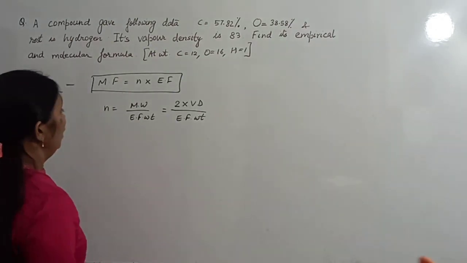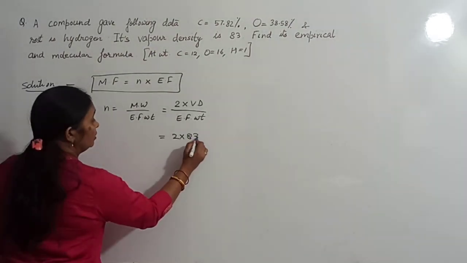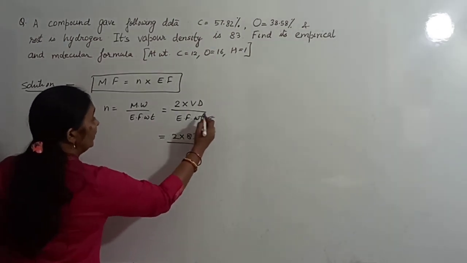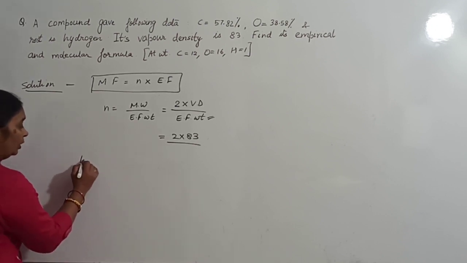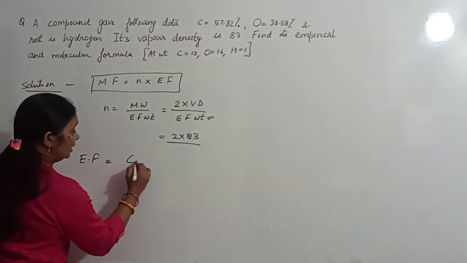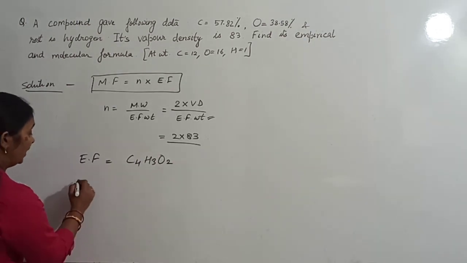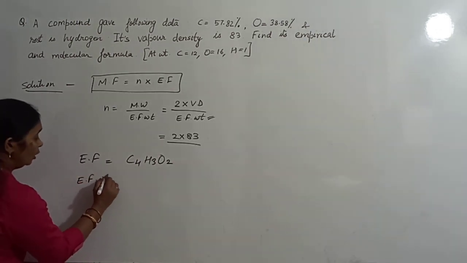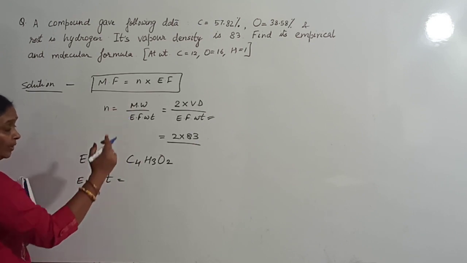So now you have got everything. You have the value of vapor density, 2 into 83, but you have not yet found the empirical formula weight. How will you find out the empirical formula weight? The empirical formula calculated is C4H3O2. To find the empirical formula weight, multiply the number of atoms of each element with its atomic weight.